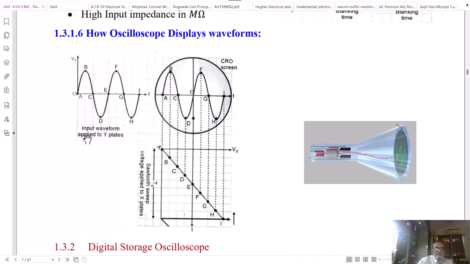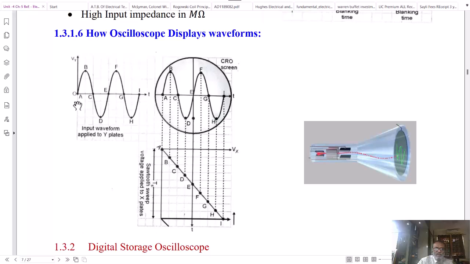Now if you see how the waveform is getting plotted, consider point A. Point A is here and the corresponding vertical position on the screen is shown here. At that time, the horizontal position is given by point A on the time base.